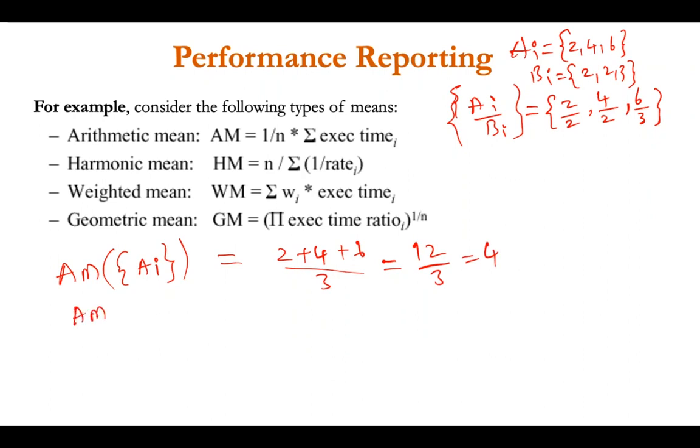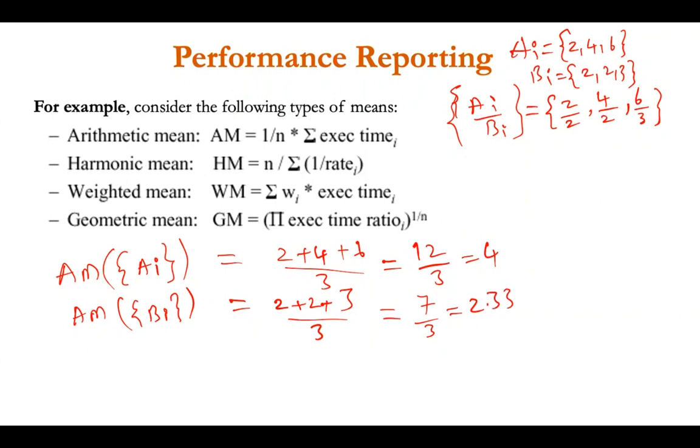Similarly, the arithmetic mean of your BI, there are three elements, that is 2 plus 2 plus 3 divided by 3. That will give you 7 divided by 3, which is 2.33.